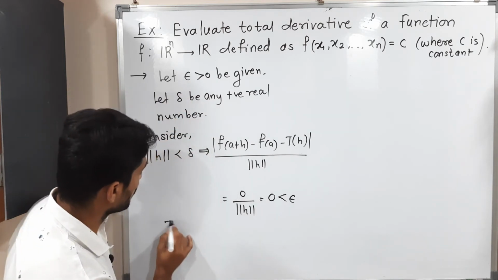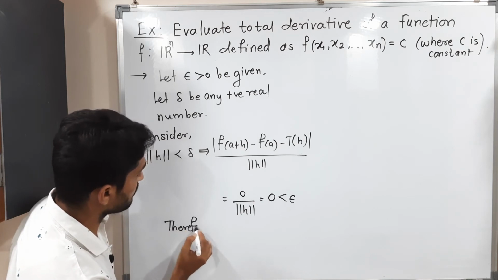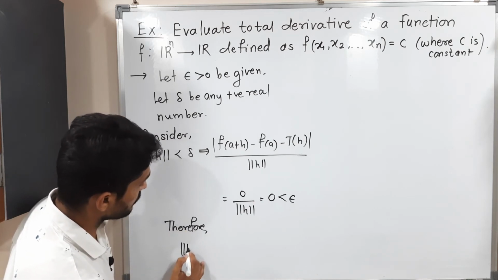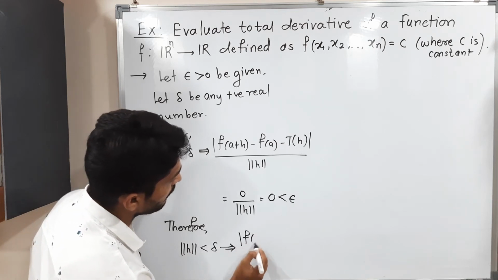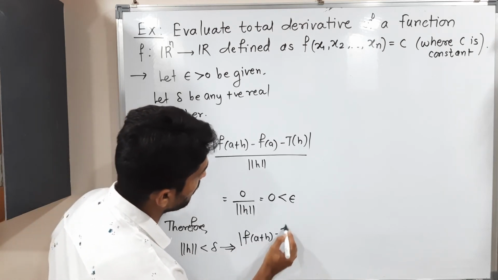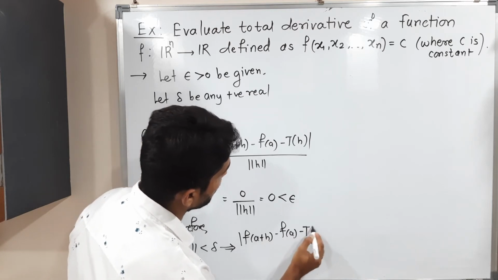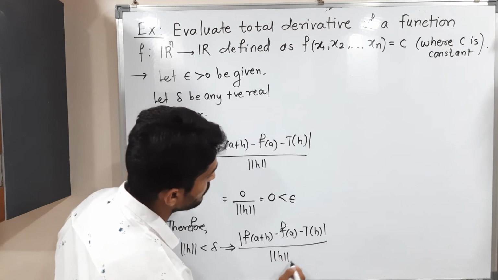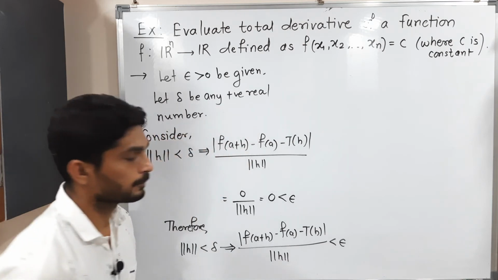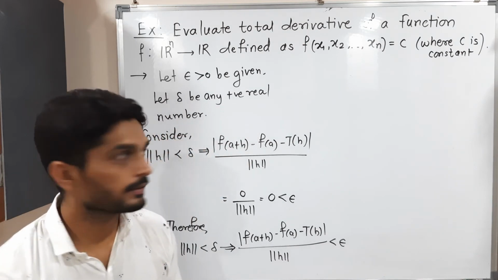So I will rewrite the same thing. Norm h less than delta implies mod f of a plus h minus f of a minus T of h, whole divided by norm h, less than epsilon. So the definition is satisfied.